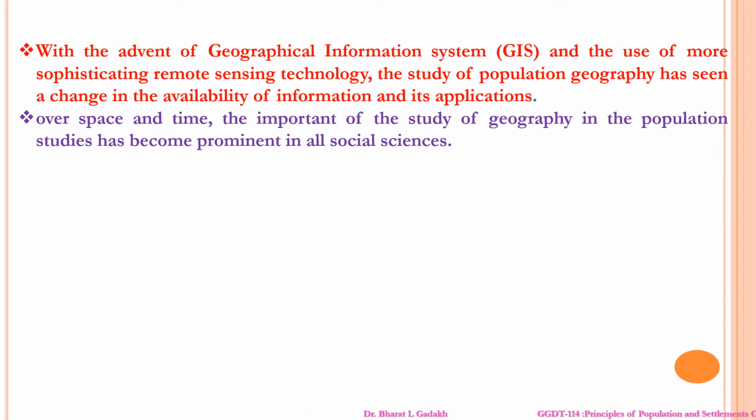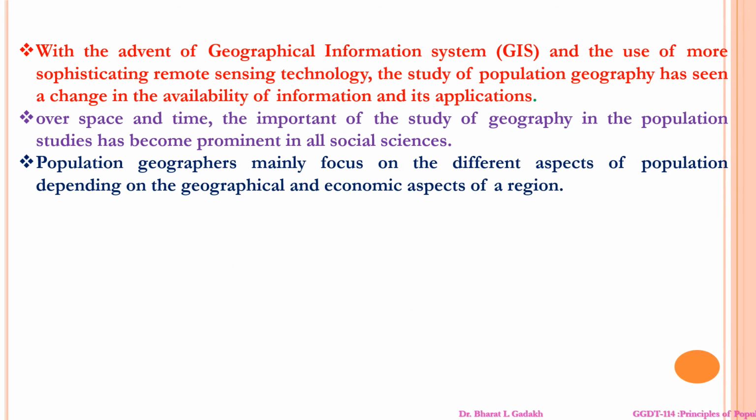Means over space, suppose 1991 how much population, then 2001 how much population, 2011 how much population, and the forecasting of population with the help of GIS. The important study of geography in population studies has become prominent in social sciences.